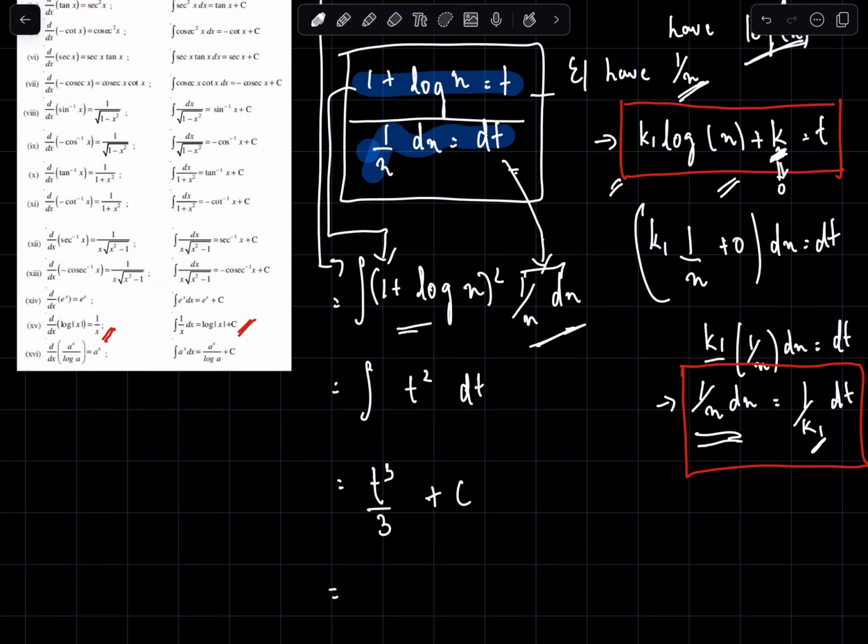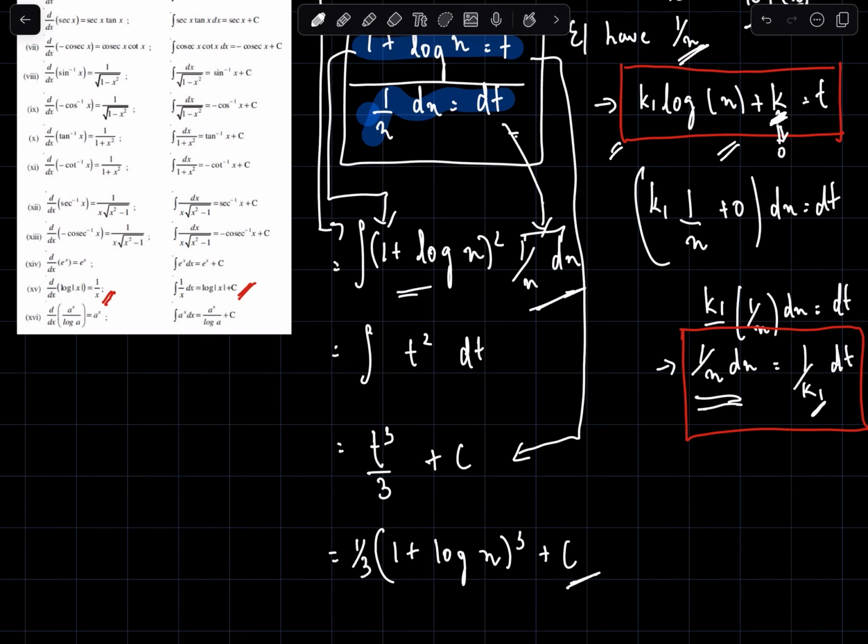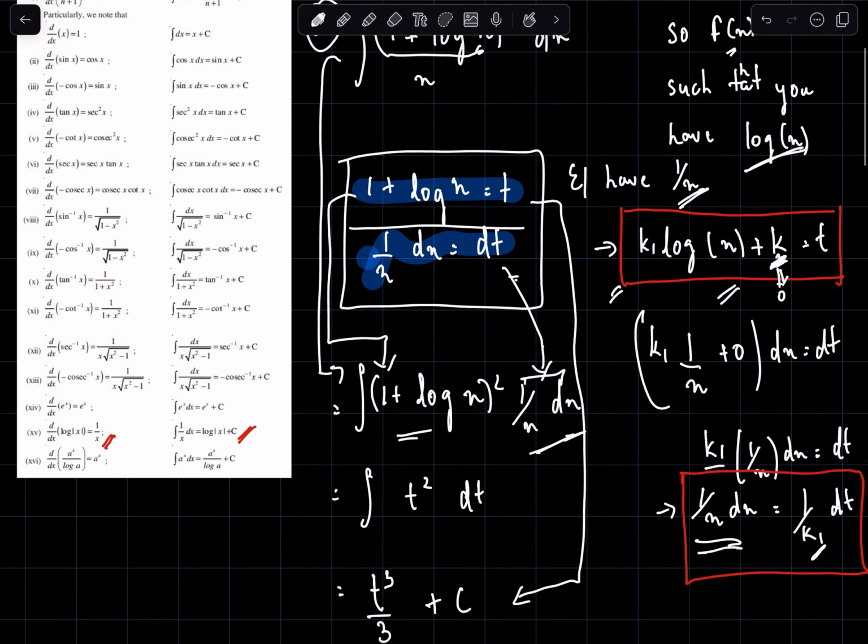Correct. Now you substitute t back into this equation, right? Which is 1 plus log of x the whole cubed plus c. So 1/3 of this, right? Sorry, 1/3 of this. So let's check the answer.